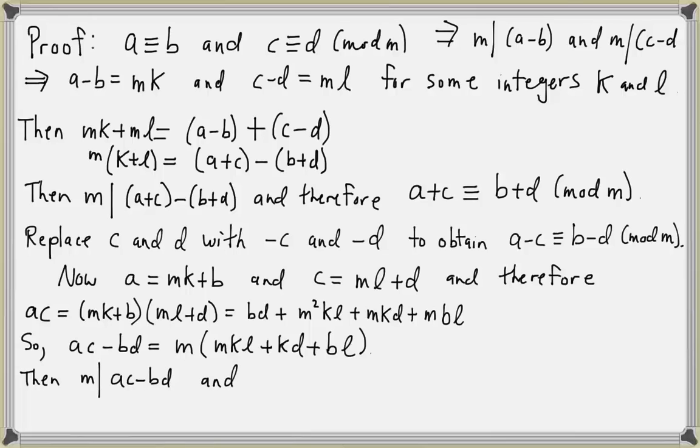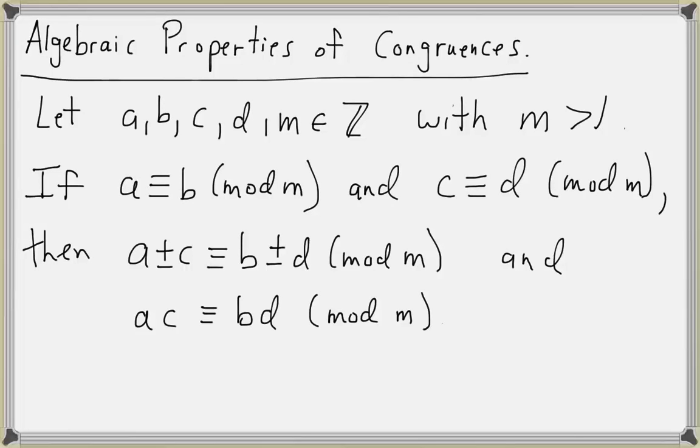And we can conclude that AC is congruent to BD mod M. So this theorem says we can do the usual operations of addition, subtraction, and multiplication with congruences.